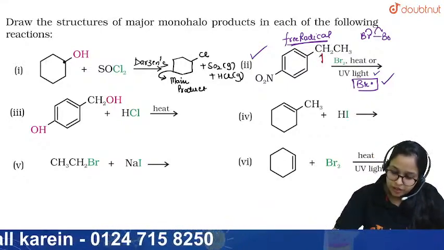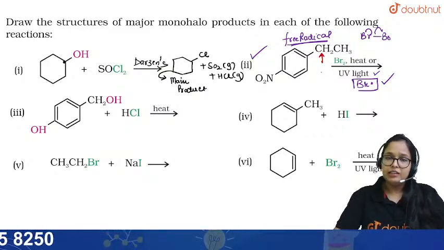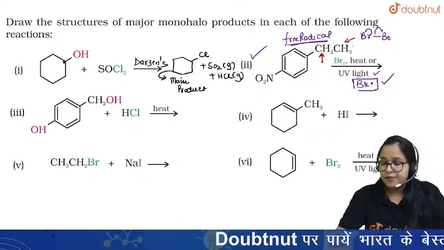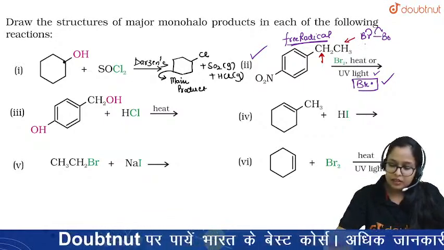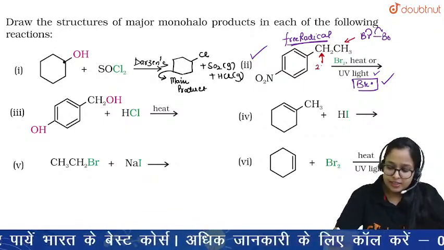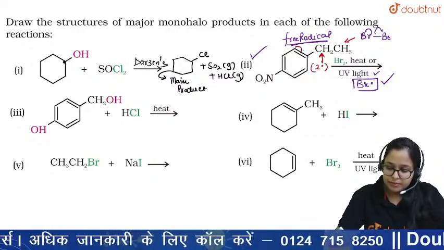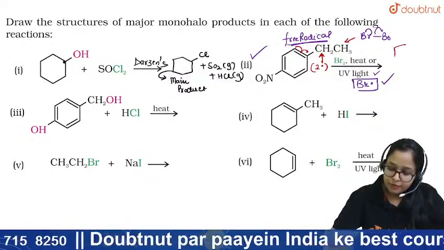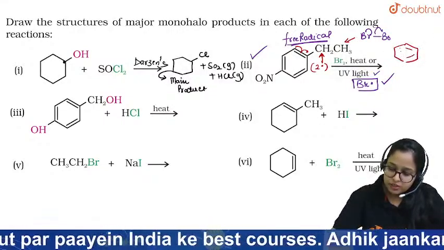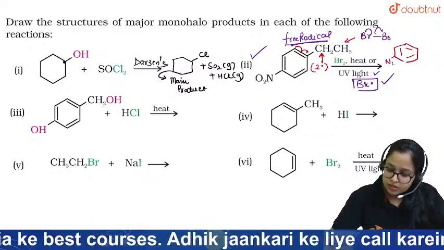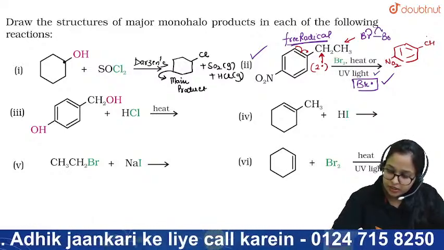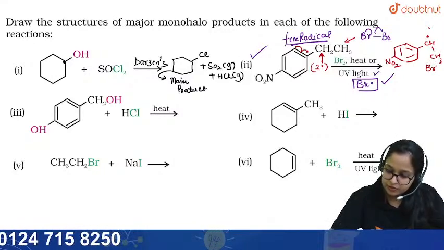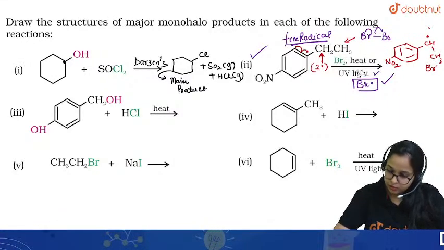So here, if we form a radical, this will be a secondary radical, and here if a radical is formed, it will be a primary radical, which is less stable. This secondary radical is also stabilized by resonance. We have already discussed this. If you have revised, you will face no problems. This is NO2, this is the CH radical which will be formed, and we have CH3 here. The Br radical reacts with it.